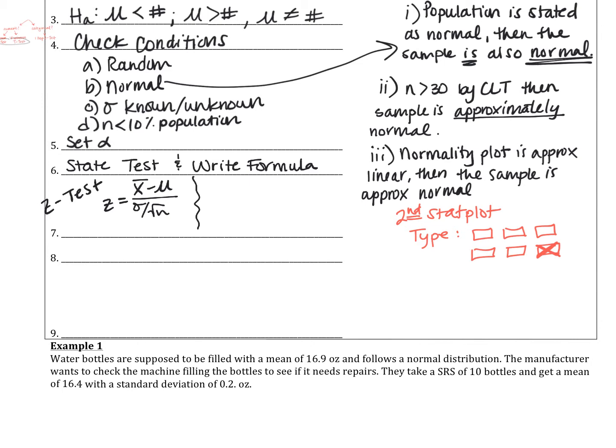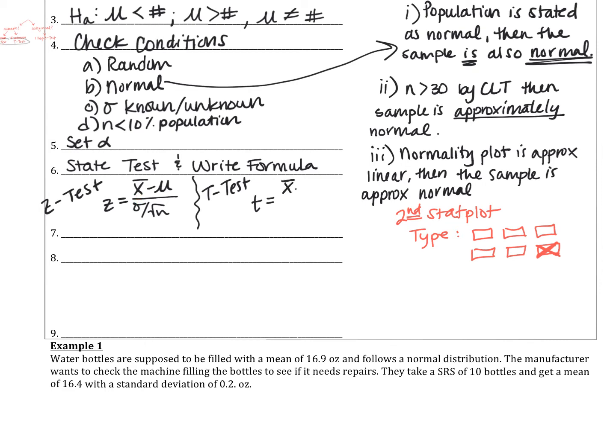And if sigma's unknown, then we're running a t-test. Okay, what's the one thing that changes from this equation to this equation? Sigma changes into S. Yay, okay.